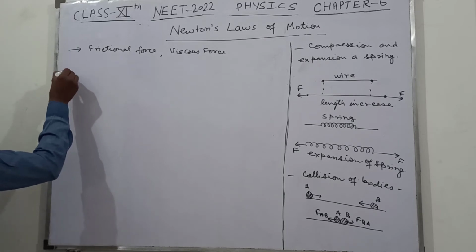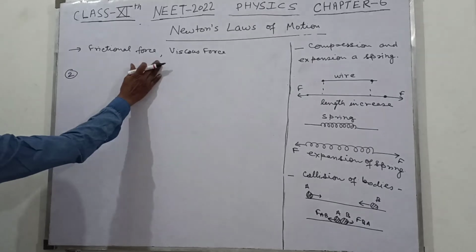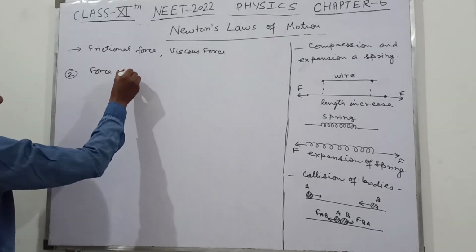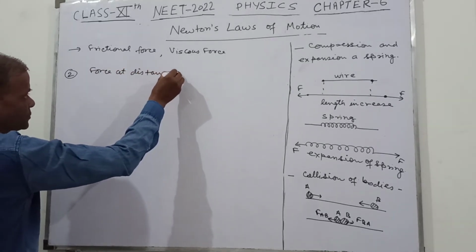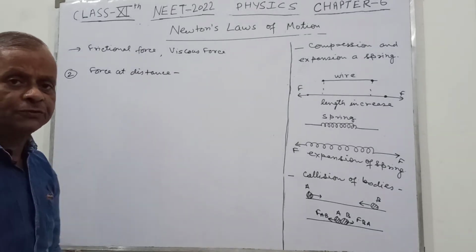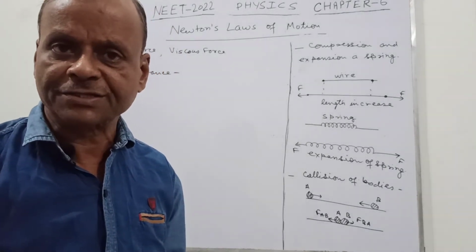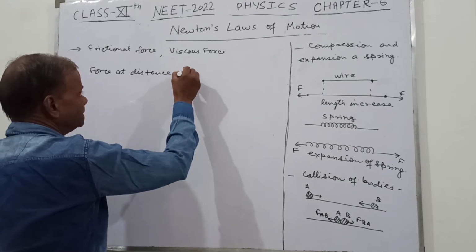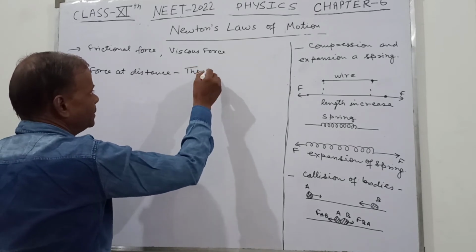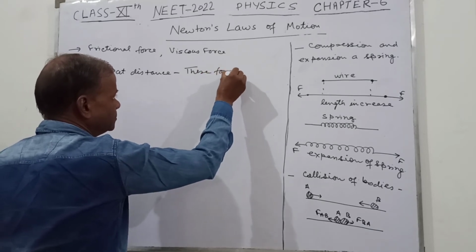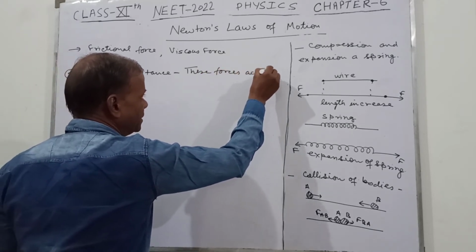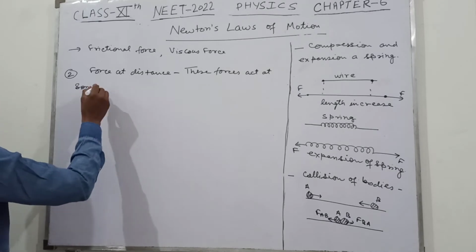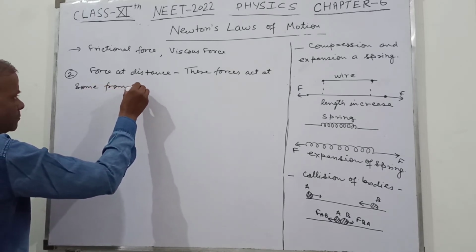So now second number is the force working at some distance. These forces are not visible to us, but we can experience them. These forces act at some distance from each other.